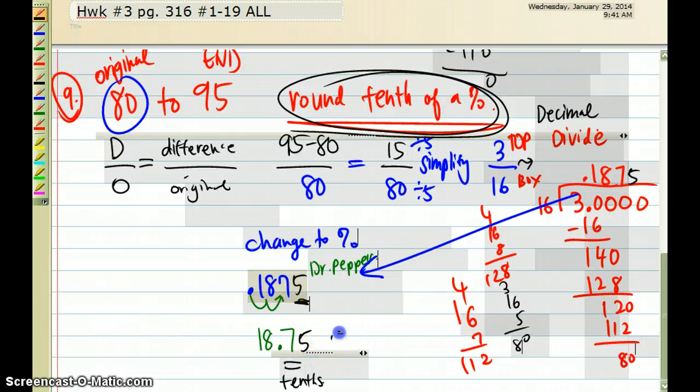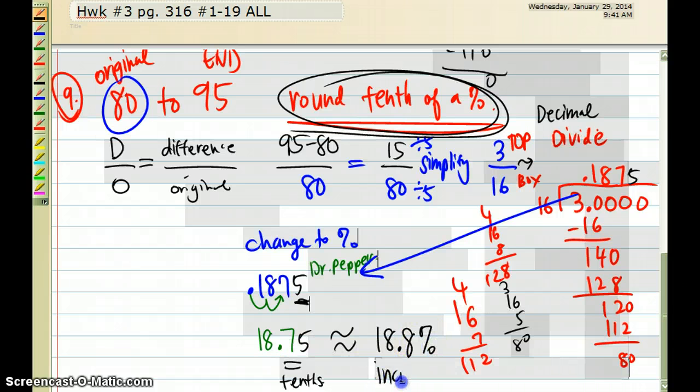So now my final answer when I round is going to be 18.8%, and the percentage here is increasing because I did start out with 80 and then go up to 95. So it's an 18.8% increase. That's how I round correctly in this question.